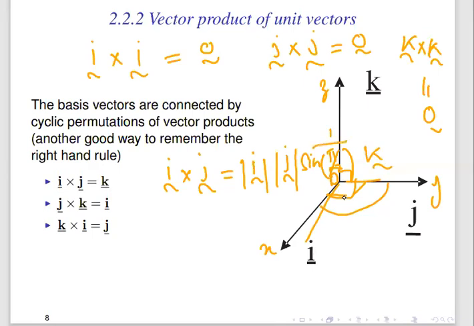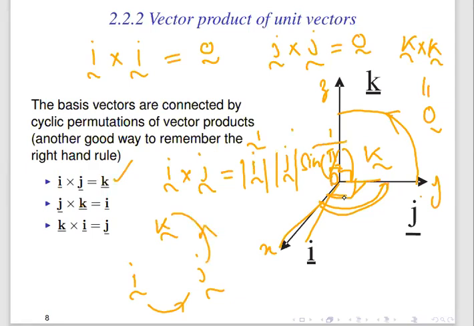This is 1 and these two are both 1, so therefore you get K. I cross J is K. J cross K is I. K cross I is J. This is a circular permutation.